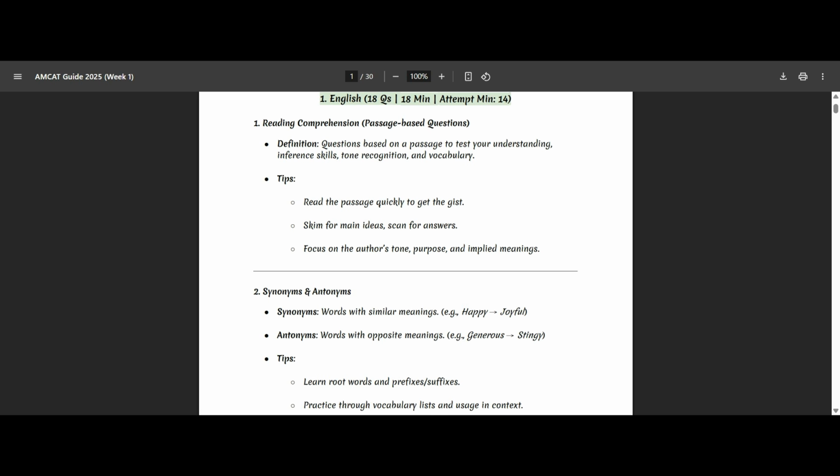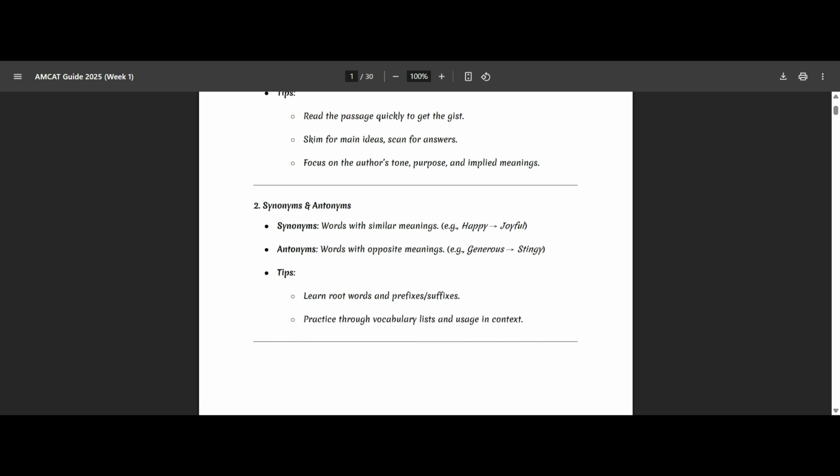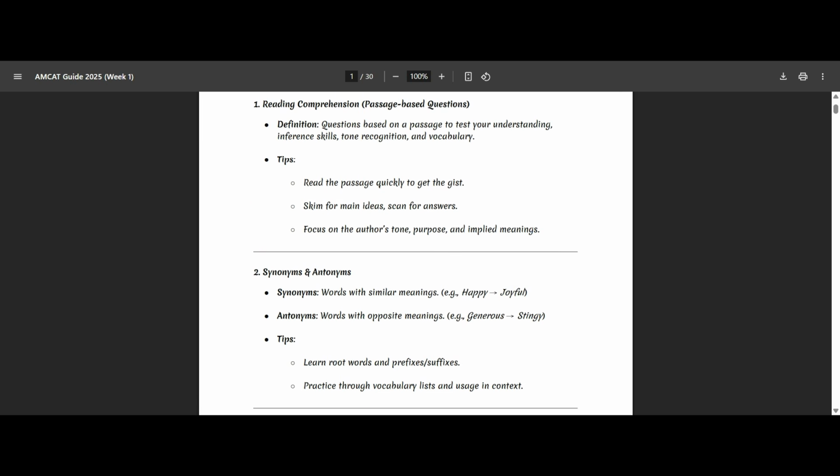So, in reading comprehension, just like you have done in your school days, I believe, you will be given a specific comprehension passage which you have to read, understand, and then answer the questions which are asked. As such, it's pretty standard, not too easy, neither too hard. You should just be cautious and very attentive.